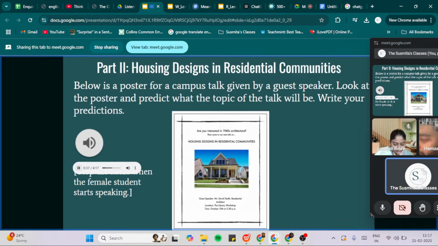Now, today we are going to discuss housing designs in suburban residential communities. In the late 1940s, a lot of young families were looking for less expensive houses outside of cities. Now, we have to first talk about a firm called Levitt & Sons, which designed homes and communities to meet this demand. Their residential community, Levittown, was a good example of this.